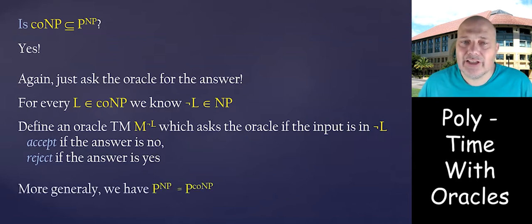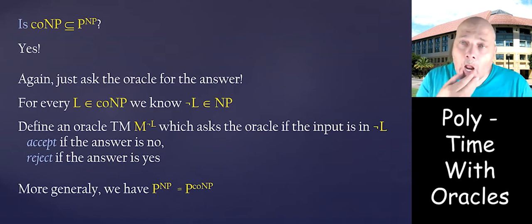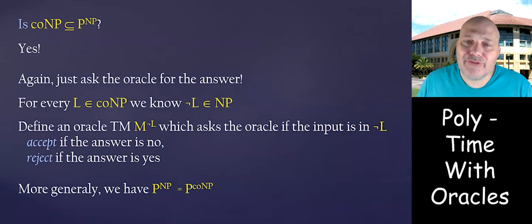So more generally, we have that P to the NP equals P to the coNP, because you can simulate every algorithm that runs with access to some NP problem by an algorithm that runs with access to the co-problem, and you just reverse the answers, and vice versa.